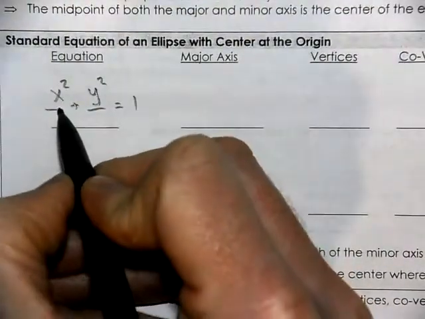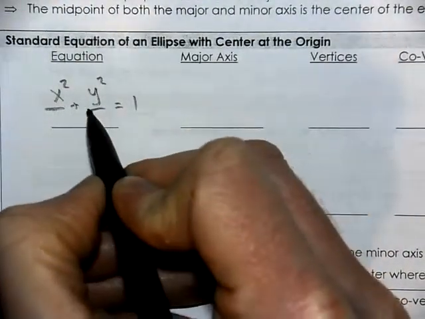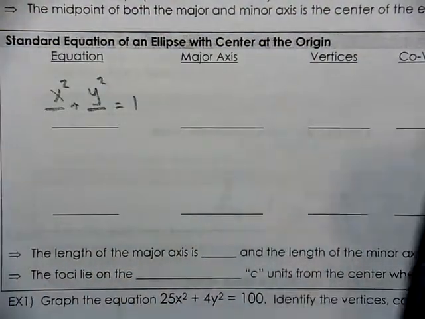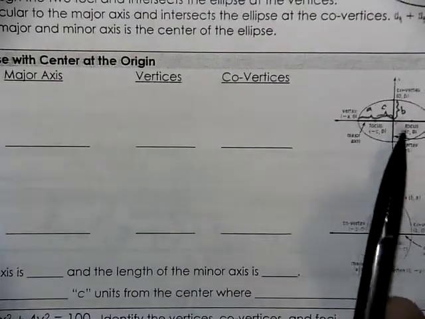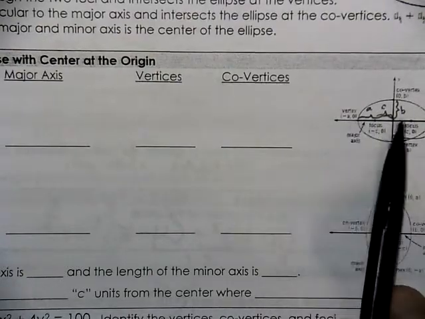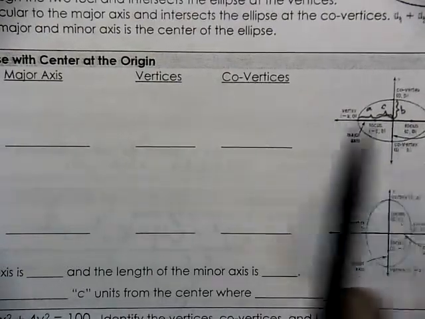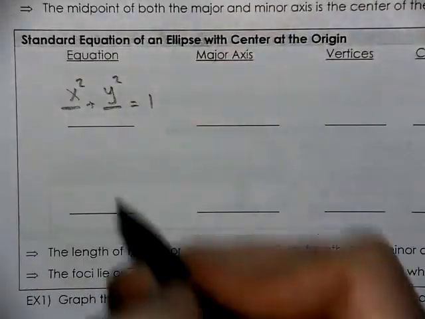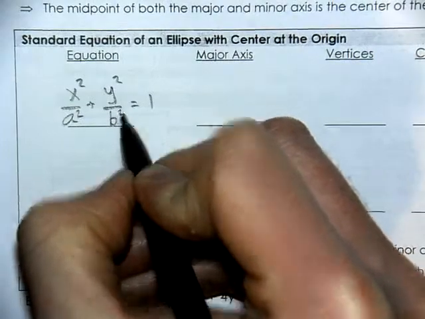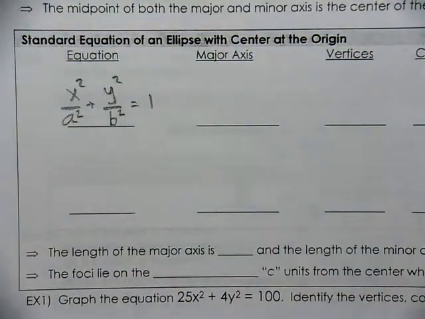The A value is the distance to the vertex. So in the picture that we have here to our right, the vertices are to the right or to the left. They're with the x value. So we're going to say A squared goes on bottom under the x squared, and B squared therefore will go under the y squared.